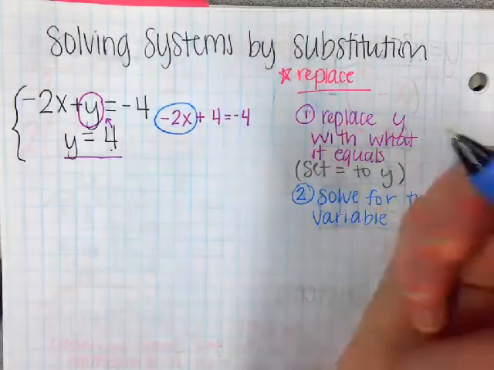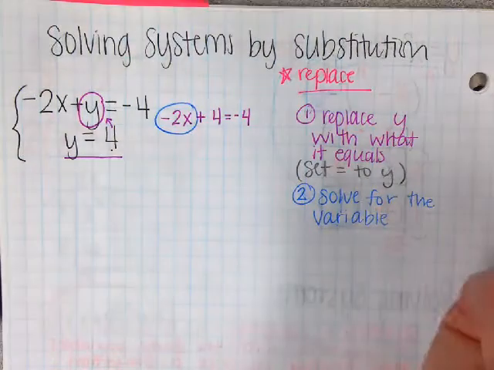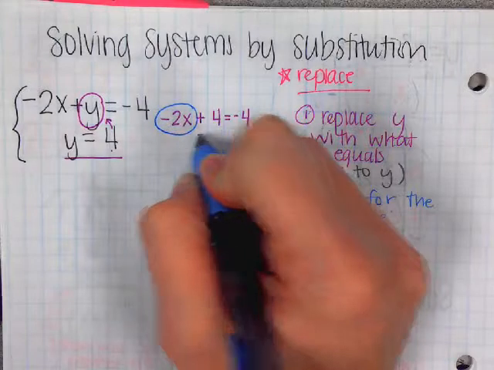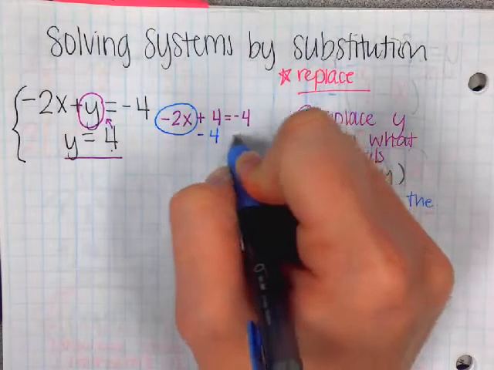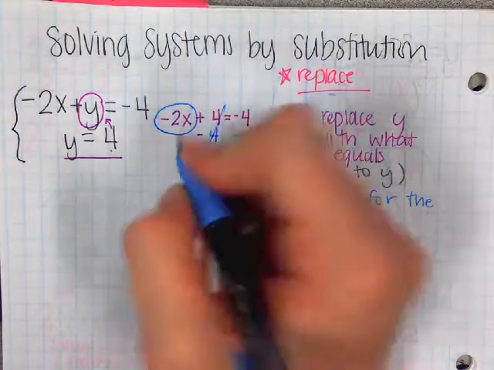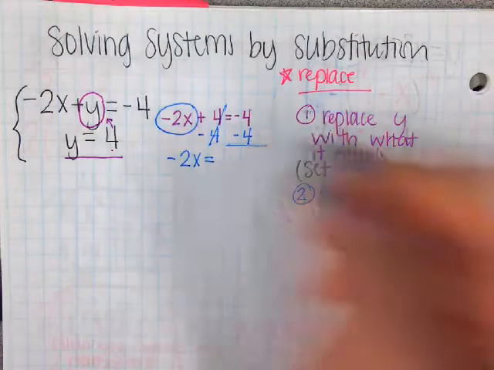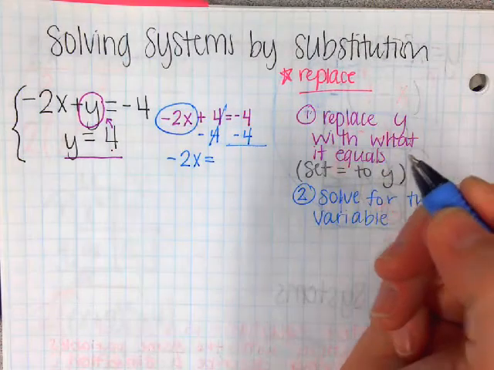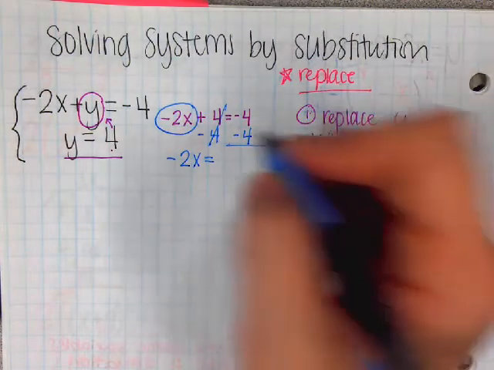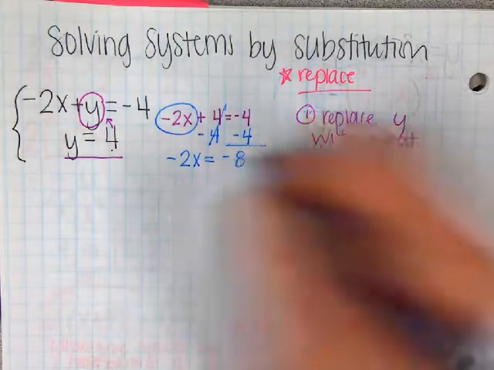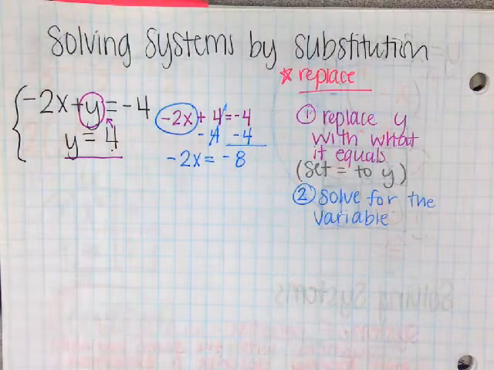Okay, so remember, whenever I solve, I always circle the variable I'm trying to solve. The opposite of add 4 is subtract 4 and subtract 4. So it'd be negative 2x equals negative 4 minus 4. Negative 4 minus 4 would be negative 8.